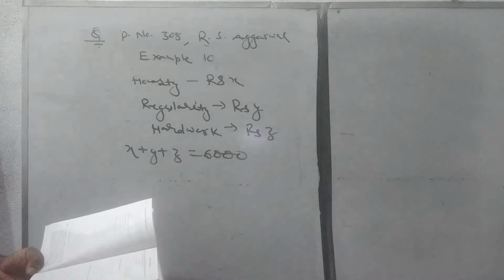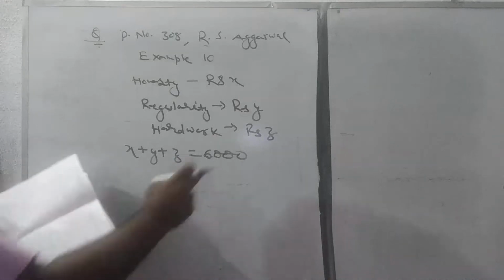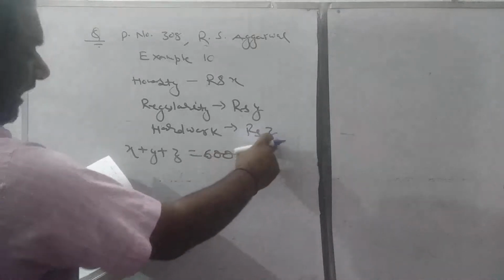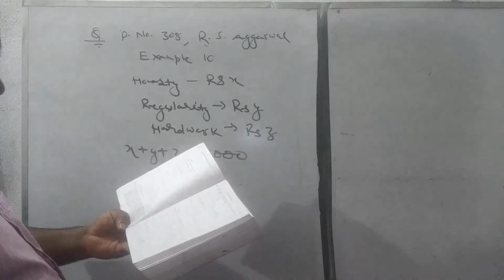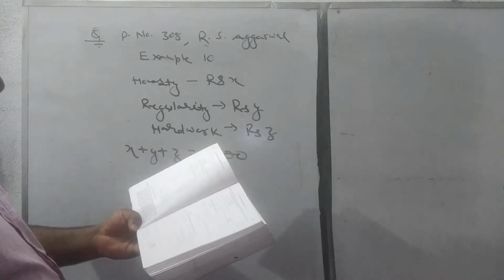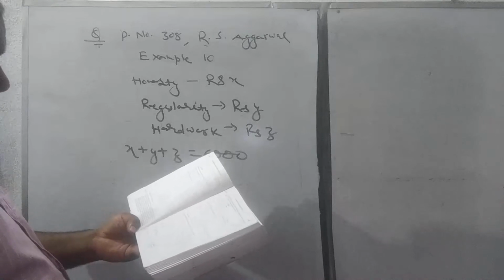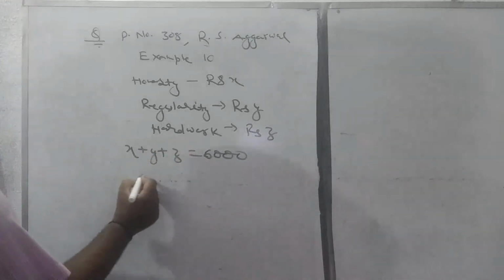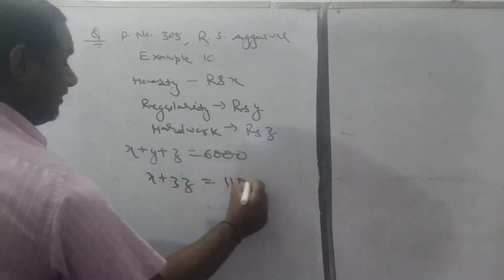Now, 3 times the award money for hard work. The hard work is Z, so 3 times Z. 3 times the award money for hard work added to that given for honesty amounts to 11,000. So according to the question, X plus 3Z is equal to 11,000.